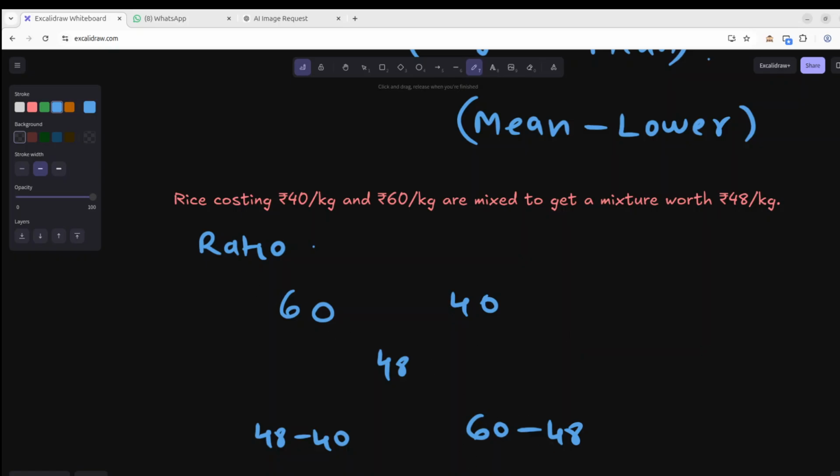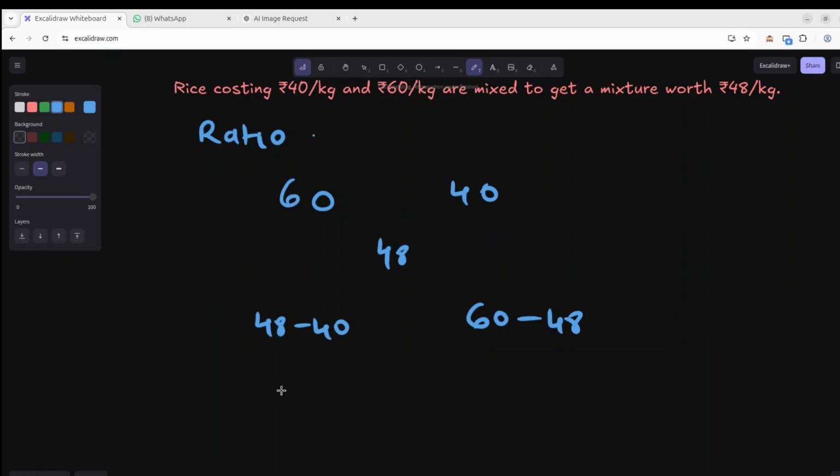The difference is written here, and mean minus lower difference is written here. Now we are getting the ratio, that is 8 is to 12, right? Cutting with the 4, we get 2 is to 3. So 2 is to 3 is the ratio. I hope this alligation rule is clear to everyone.